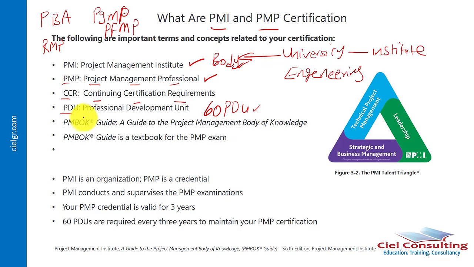Aside from that, you can also earn PDUs by attending webinars on the PMI website, taking part in local chapter meetings as well as activities, volunteering, writing articles or books, and also contributing to the knowledge of project management. All of these are ways you can earn professional development units, which would help you meet the requirements of the CCR, and ultimately help you maintain your certification. So look at the PDUs more like what you need to constantly report once you get certified in order to maintain your certification.